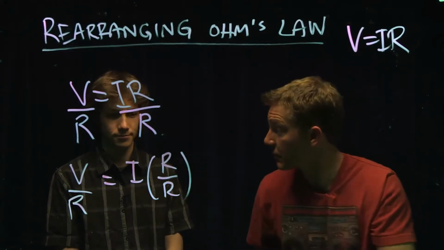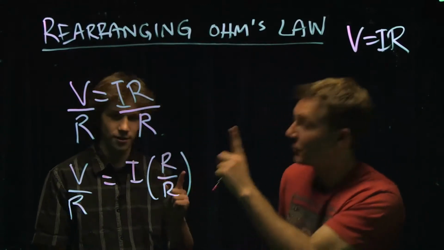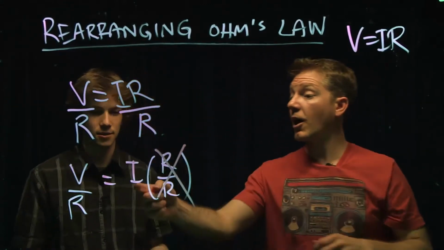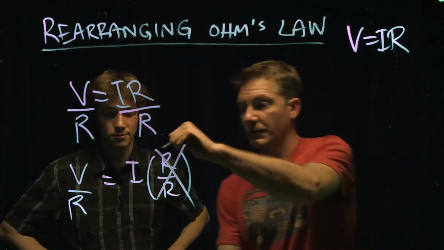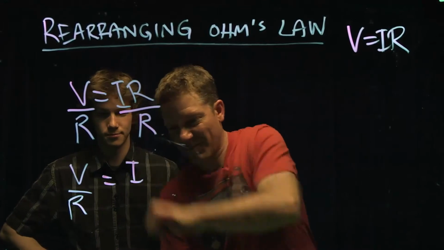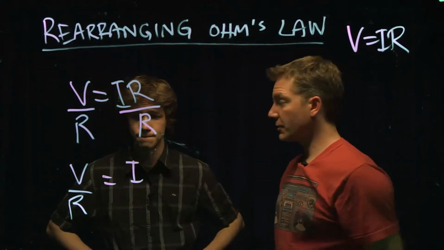But R over R is equal to 1, so get that out of there, because I times 1 is equal to I. So now we have V over R equals I.